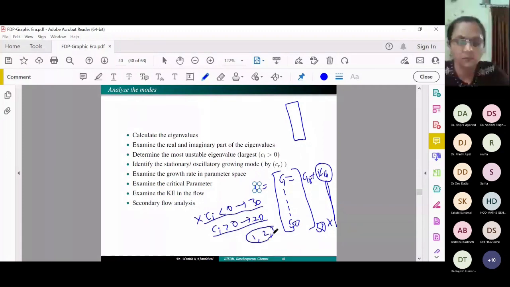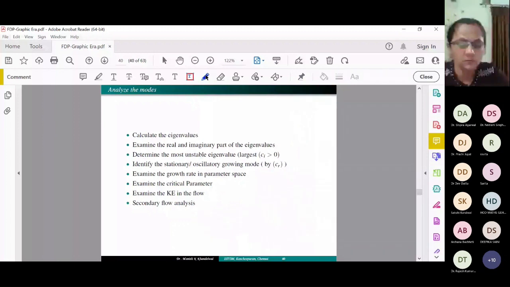The one with the largest value of Ci is called the most unstable mode, and in linear stability analysis we are always concerned with the most unstable mode, which is the growing mode. So the first step is to calculate the eigenvalues and examine the real and imaginary parts.